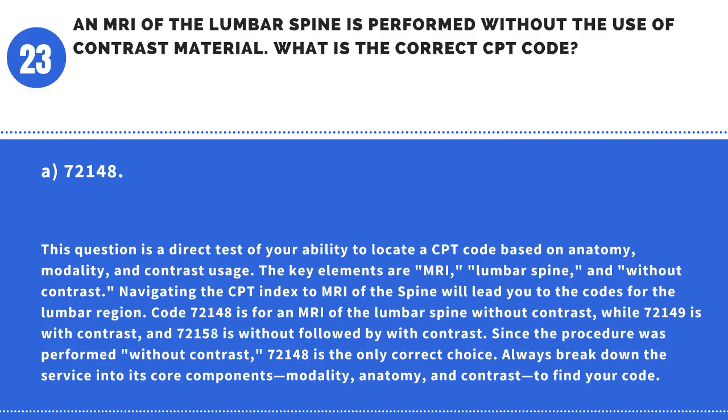Code 72148 is for an MRI of the lumbar spine without contrast, while 72149 is with contrast, and 72158 is without followed by with contrast. Since the procedure was performed without contrast, 72148 is the only correct choice. Always break down the service into its core components, modality, anatomy, and contrast, to find your code.